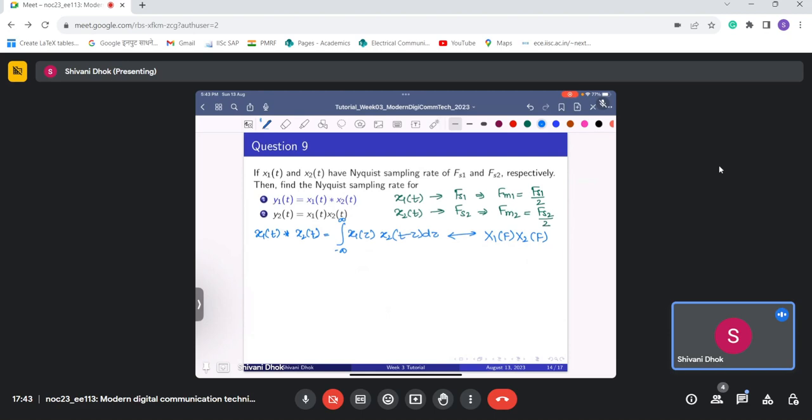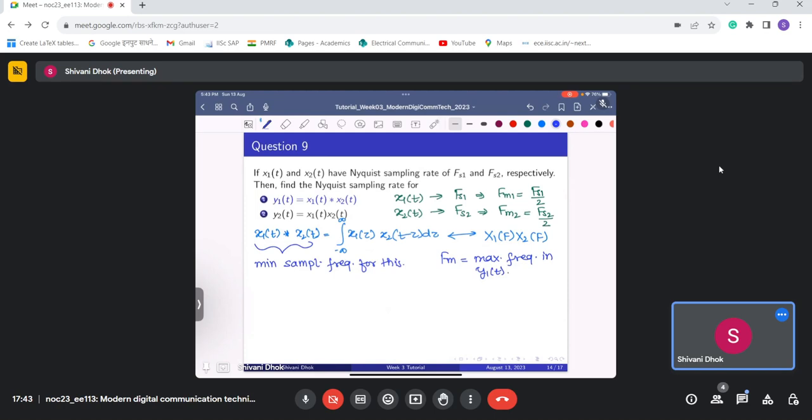And what we need to do is find the minimum sampling frequency for this. So let's say this fm is the maximum frequency in y1(t).